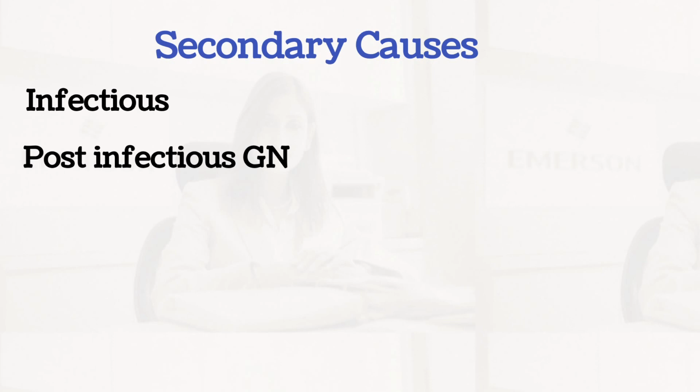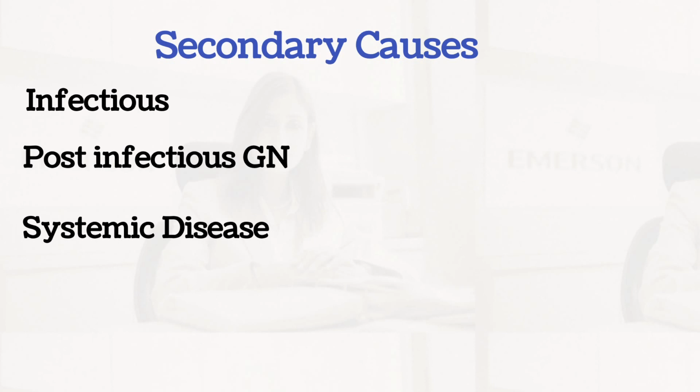So maybe someone had a strep throat, and after that, apart from developing post-streptococcal glomerulonephritis, they can also have nephrotic-range proteinuria, meaning they end up having nephrotic syndrome. Then the other is systemic disease under secondary, where we have systemic lupus erythematosus.